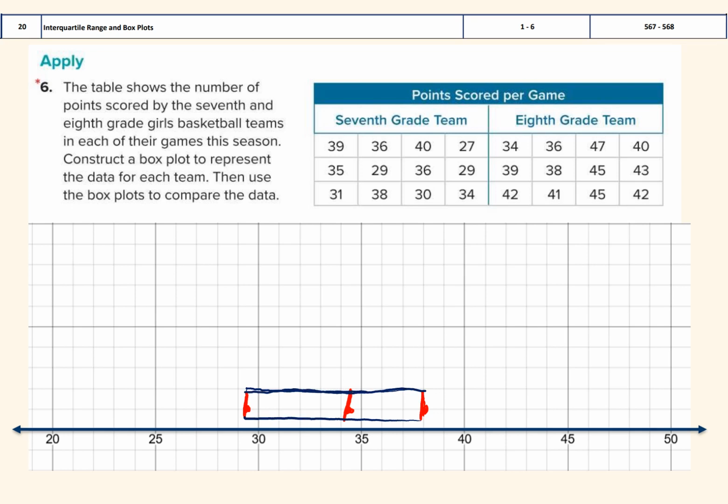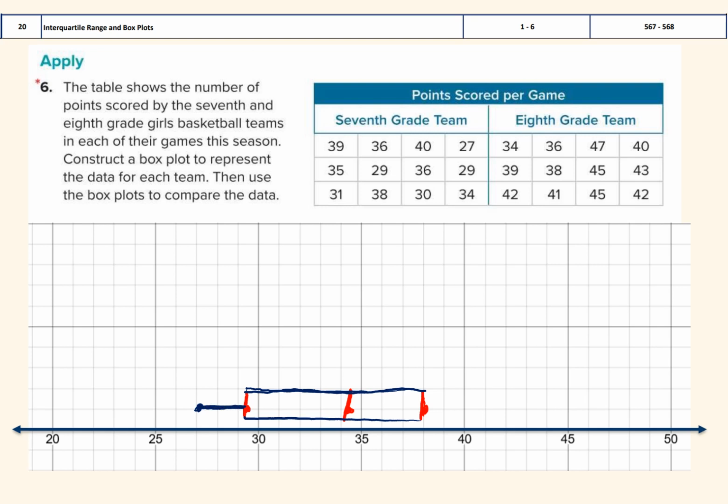But after you do that, you should plot the maximum and the minimum. How? The minimum value in the 7th grade team is 27. So here it is. Then you will connect the minimum with a horizontal line, and it should reach the box this way.